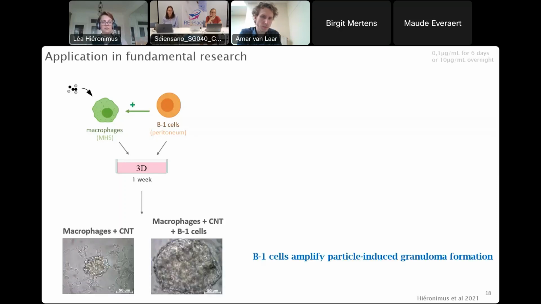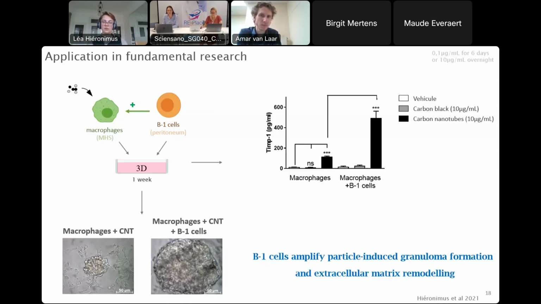I've added B1 cells to my model and found that granulomas were larger and more organized when adding B1 cells, and the spheroids formed only in granuloma-inducing conditions. And also, B1 cells stimulate macrophages into the release of more TIMP1.